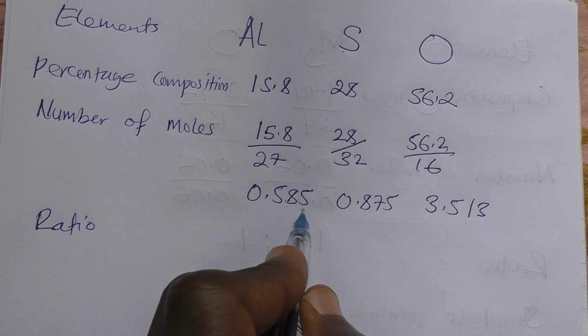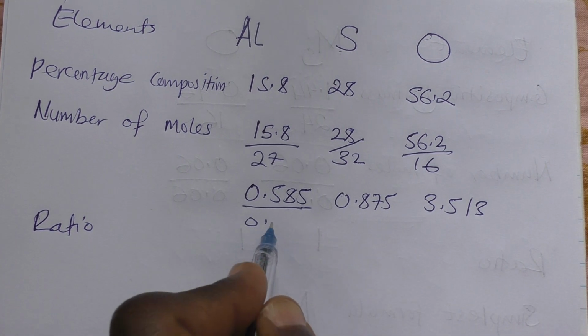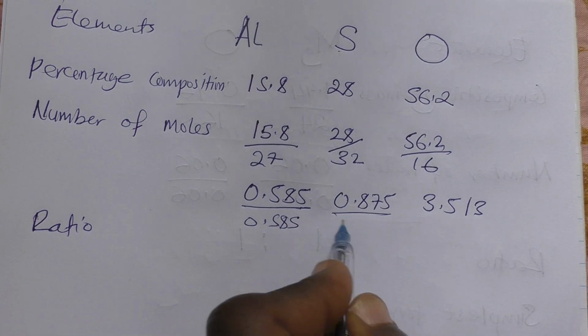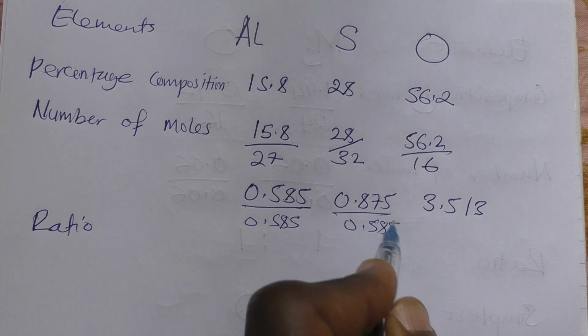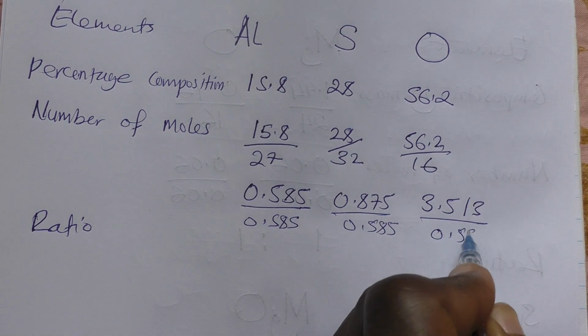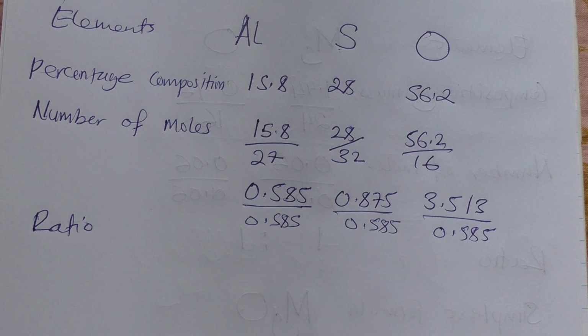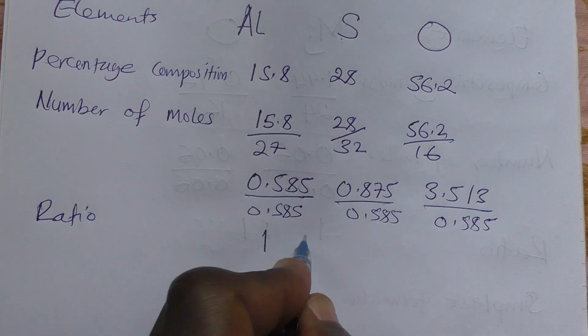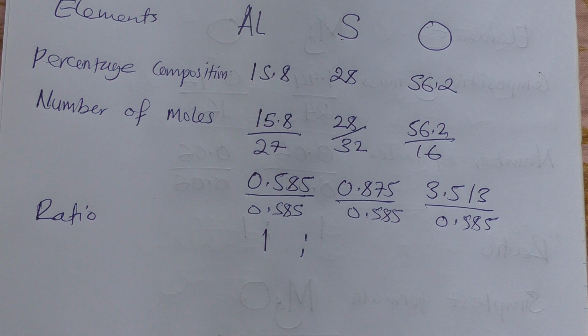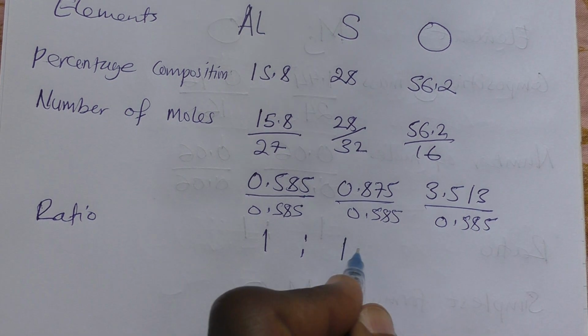So when we divide, the smallest is 0.585. So 0.585 divided by 0.585 gives us 1. Then 0.875 divided by 0.585 gives us 1.5.